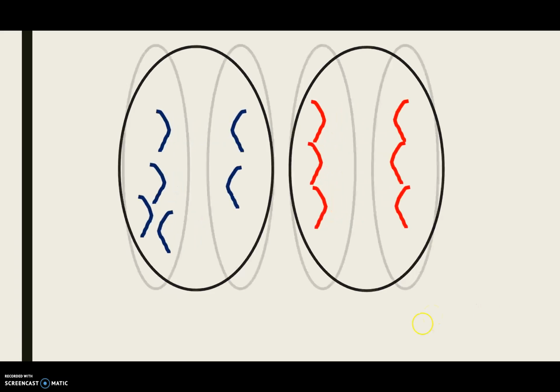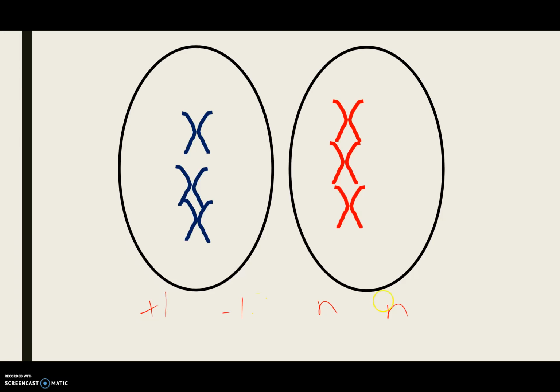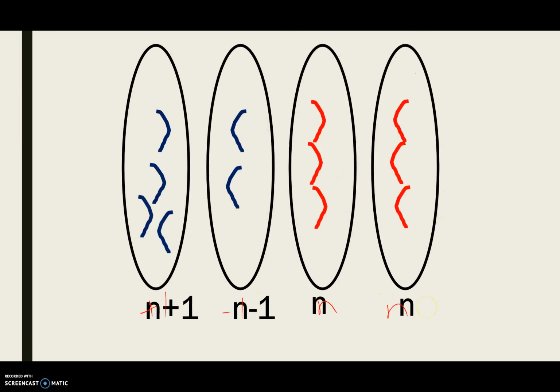In this situation, you could see how these 2 cells are regular N, but this gamete has an extra chromosome, and this one is missing one. So nondisjunction happening in meiosis 2 has less severe consequences because only half of the gametes are affected, versus when nondisjunction happens in meiosis 1 when the homologous chromosomes fail to separate, because then every daughter cell is affected.